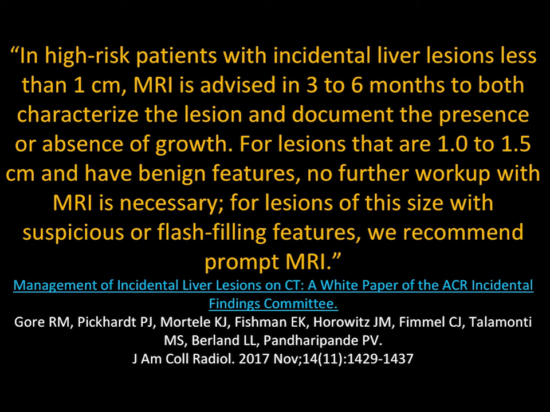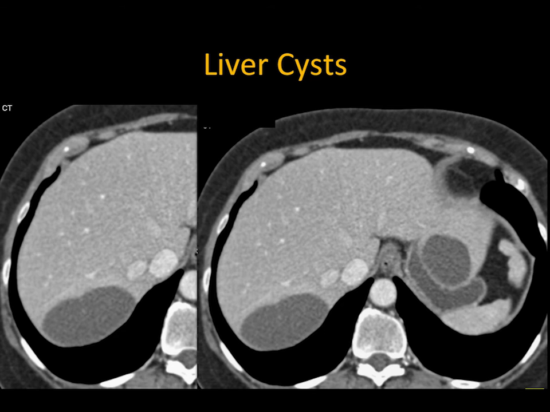Also, in terms of management, if it's pancreatic cancer and the patient has vascular encasement, the presence of liver lesions is not going to matter, and perhaps you don't need a second study. But if the patient is resectable and the only thing is this 8 millimeter indeterminate lesion, then MR can be very helpful.